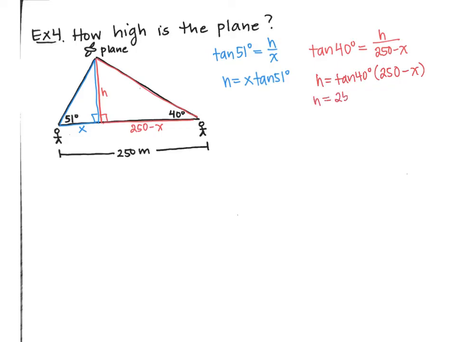I'm going to put the 250 in the front so it doesn't get confused with what I'm doing the tangent to. Minus x times tangent 40 degrees. Even though these don't look great, since they are both equal to h, I can set them equal to each other, which means x times the tangent of 51 degrees I can set equal to the expression I wrote for h for the other ratio.